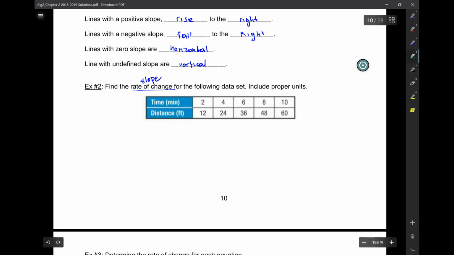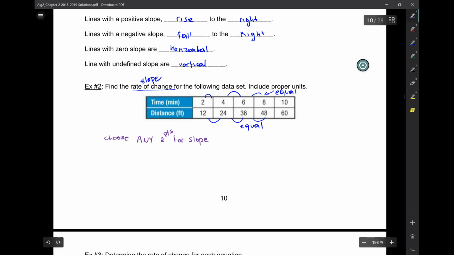Okay, so these are going up in equal increments, and these are going up in equal increments. When that happens, that means you could choose any 2 points for slope. Choose any 2 points.